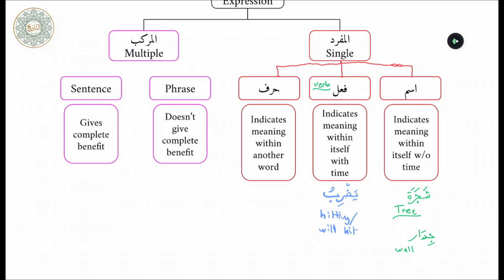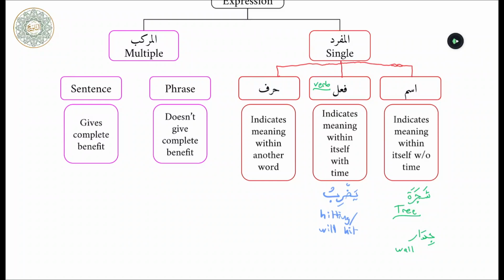It's attached to a tense because all actions take place within tenses. The word indicates two things: the action itself, as well as the tense in which it's taking place. Hitting indicates the action of hitting within the present tense. Will hit indicates the action of hitting within the future tense.